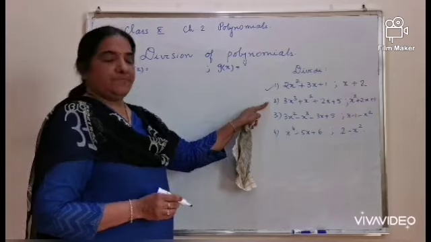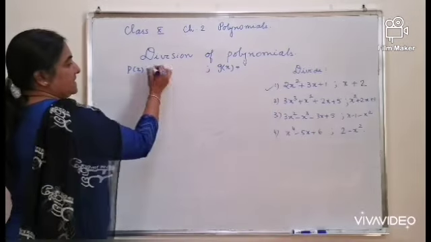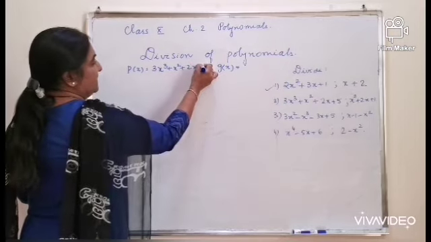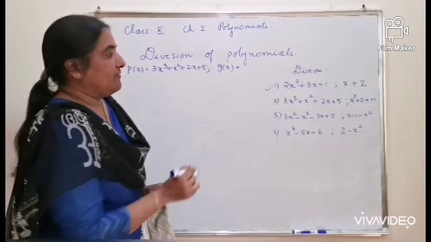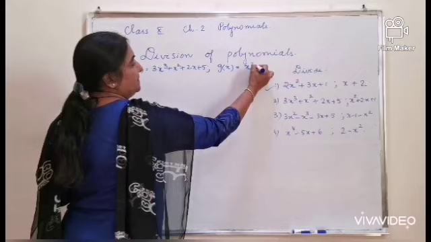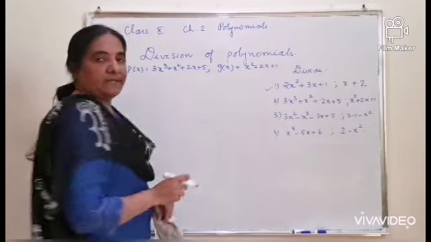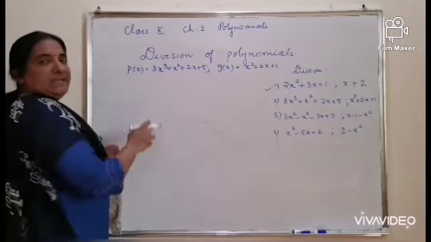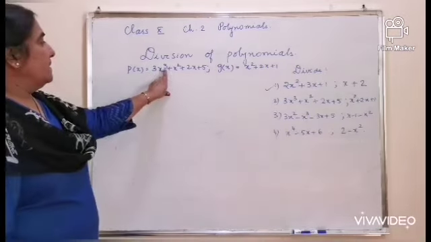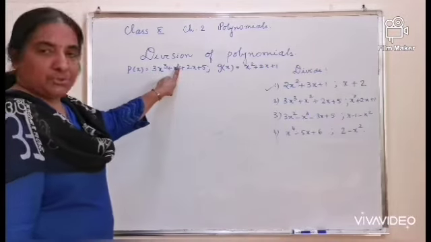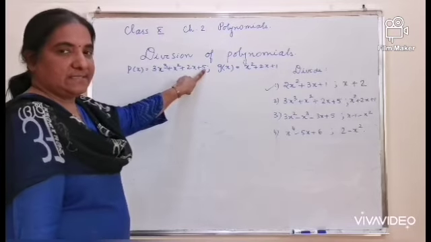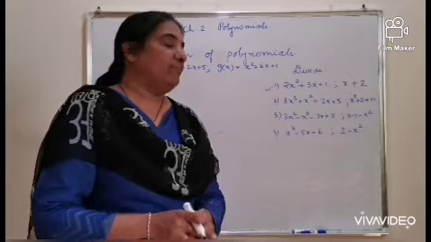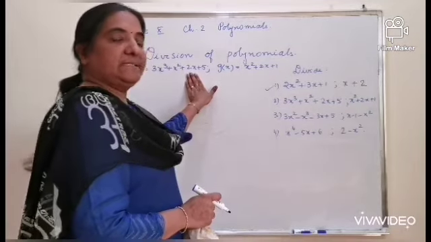For the second question, p of x is 3x cubed plus x squared plus 2x plus 5 and g of x is x squared plus 2x plus 1. To check whether they are in the standard form: power 3, power 2, power 1 and constant. You check the standard form only in the dividend.